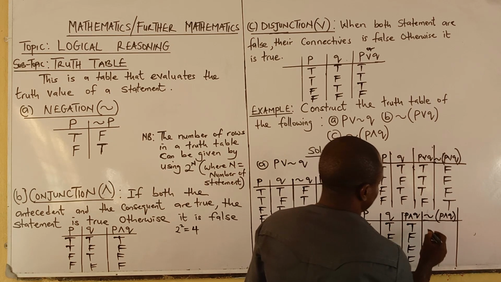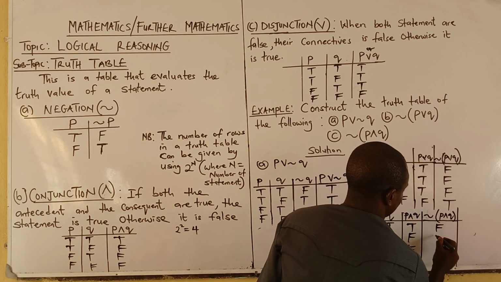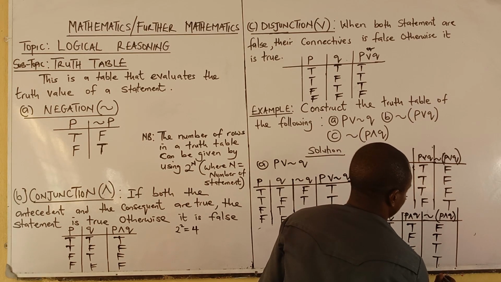Okay, now let's negate this. Negating, that's F, T, T, T.